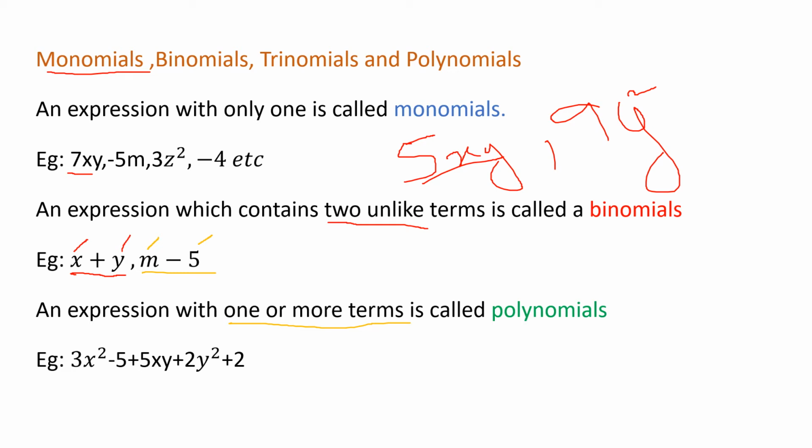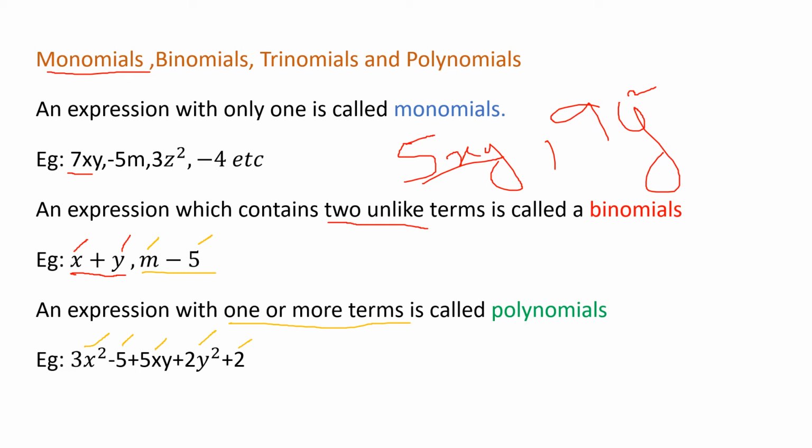Look at here. You have here 3x square, one term, then minus 5, a constant term, then 5xy, then 2y square, then again 2 is a constant. So an expression with more than two or three terms is known as a polynomial.